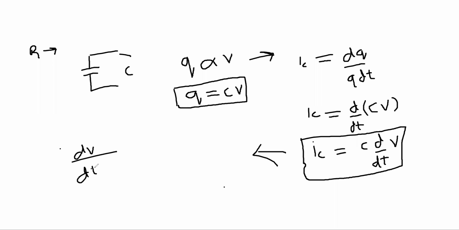You will get dV by dt equal to IC upon C, where IC is the current present in the capacitor. So dv equal to 1 by C IC dt.